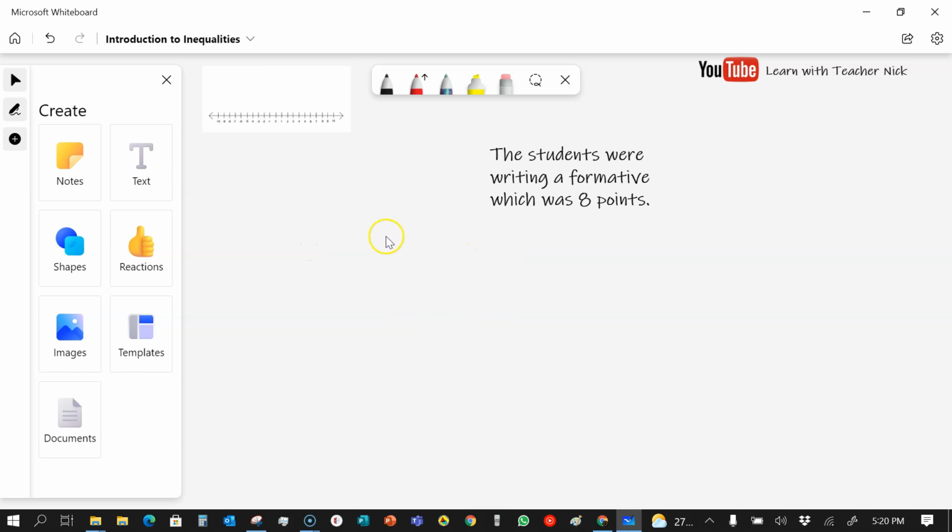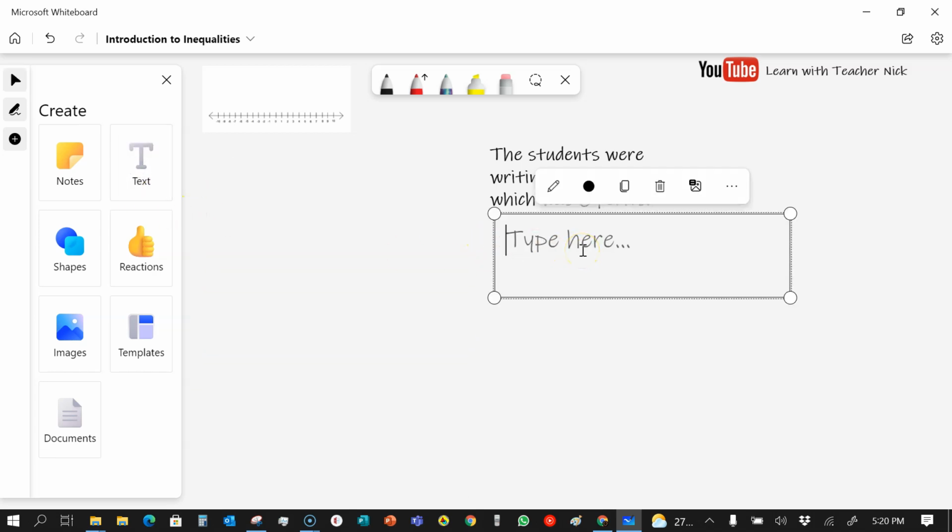It's quite simple. If students were to write this formative, they would get either 1 or 2 or 3 or 4 or 5 or 6 or 7 or 8. These are all the possible scores that they can get.